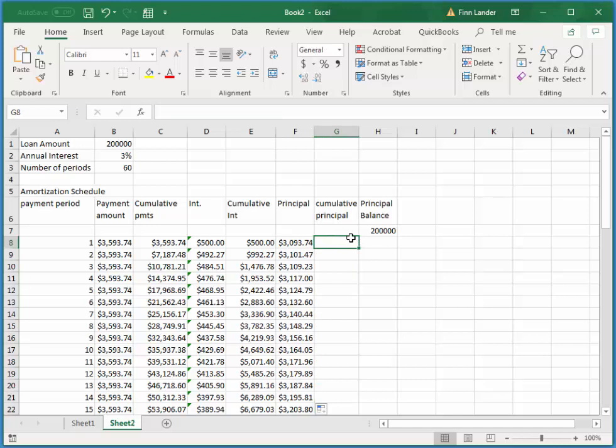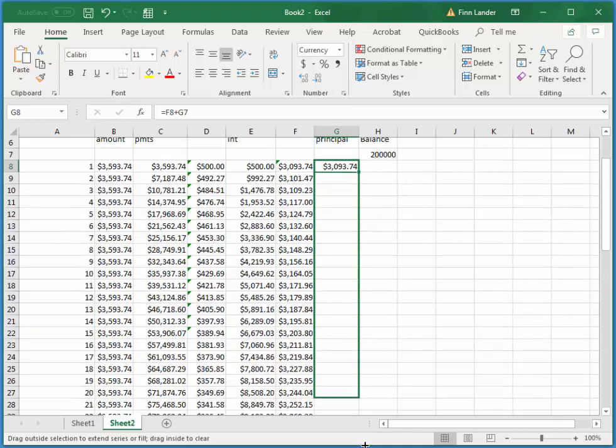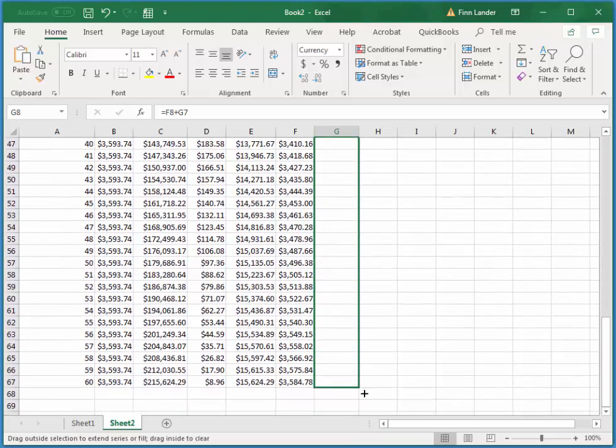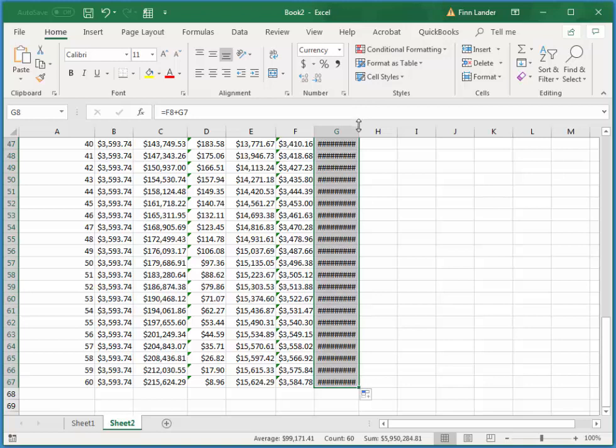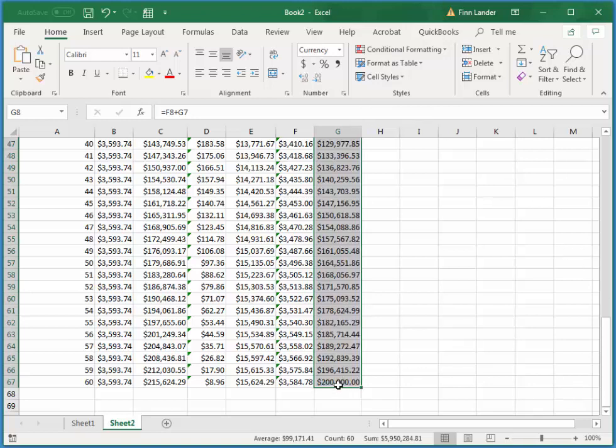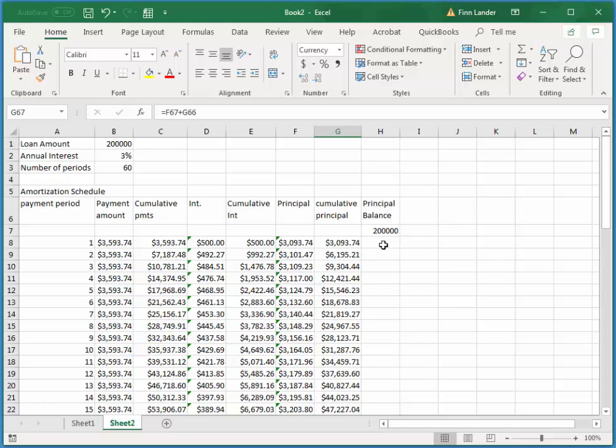So cumulative principal, same thing, equals that plus that. So that should equal the loan amount, the last line of the cumulative principal. And then to see how much of the principal remains, we just have to subtract that amount from that amount.